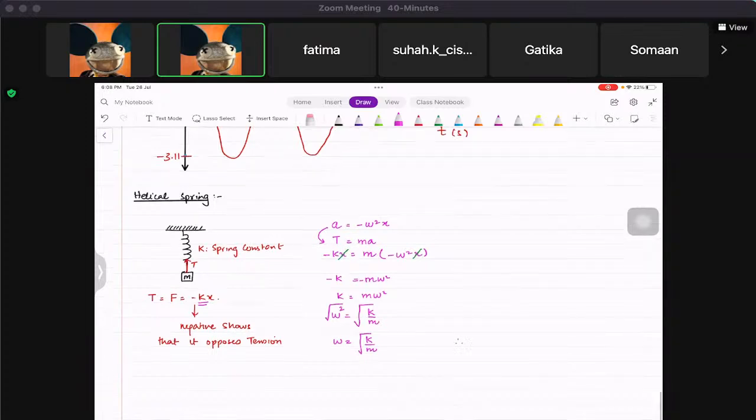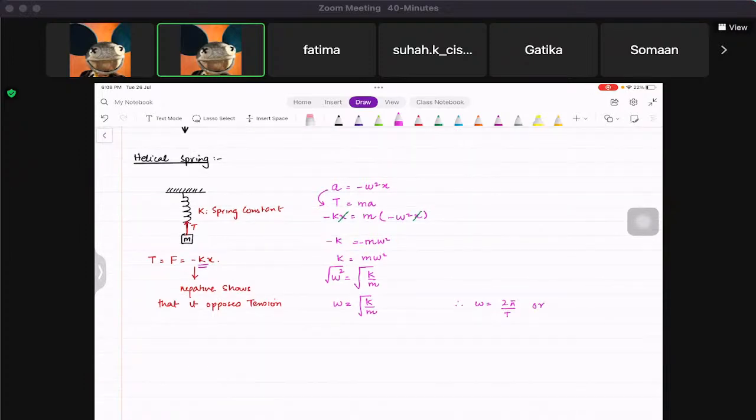Since we know omega is 2 pi upon t, or you could simply say 2 pi f, right? So you can use both of them to find the time period of helical spring. And when you do that, you can replace omega with 2 pi by t, root k upon m.